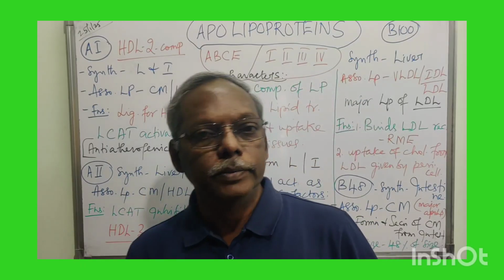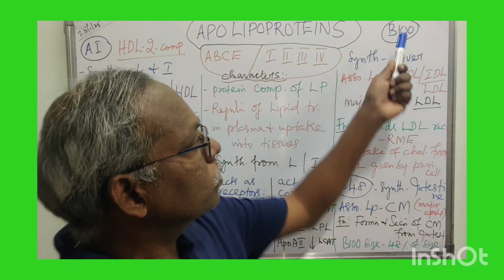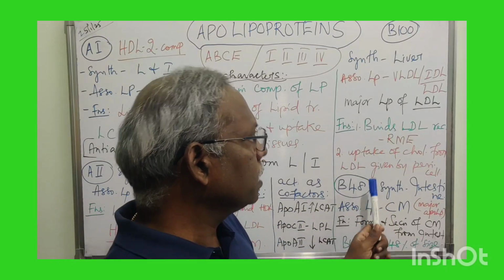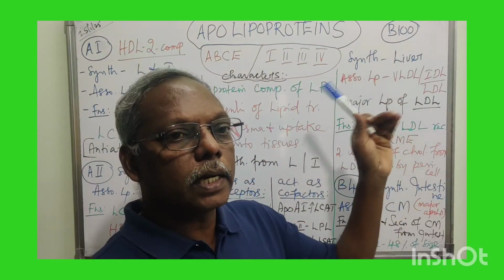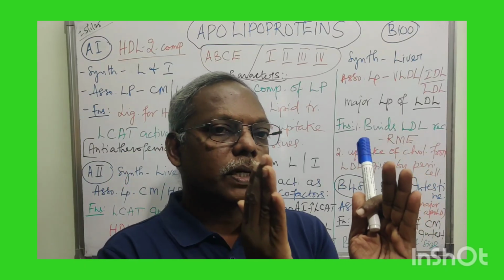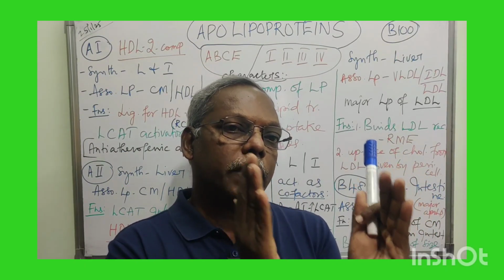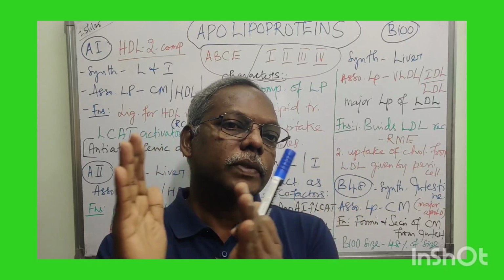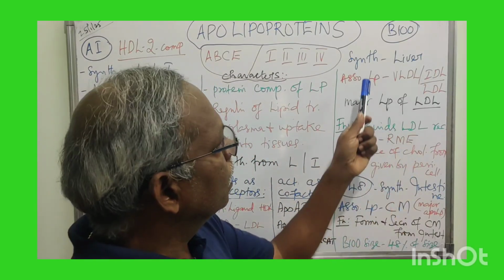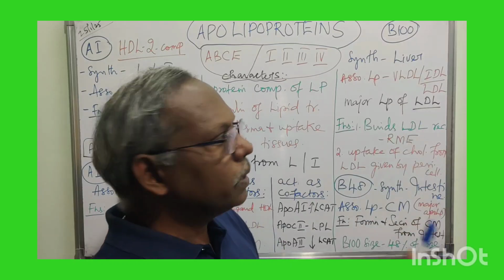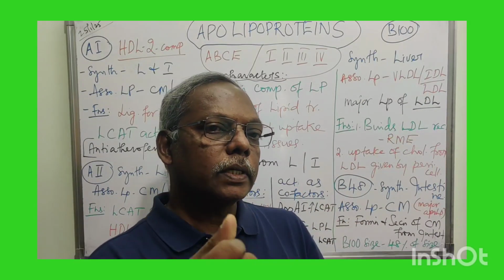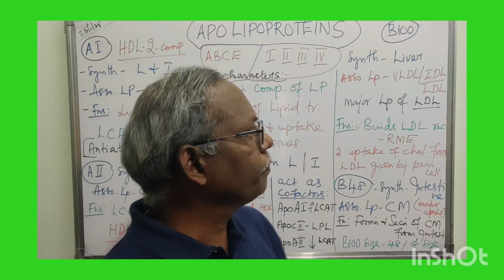Very, very important MCQ. Coming to B, we again have two types, B100 and B48. The number indicates that 100 means 100% full size of the apolipoprotein, whereas B48 means 48% of the size of B100. Right? They have different actions. B100 is usually synthesized from liver. Associated lipoproteins are all the LDL group: VLDL, IDL and LDL.